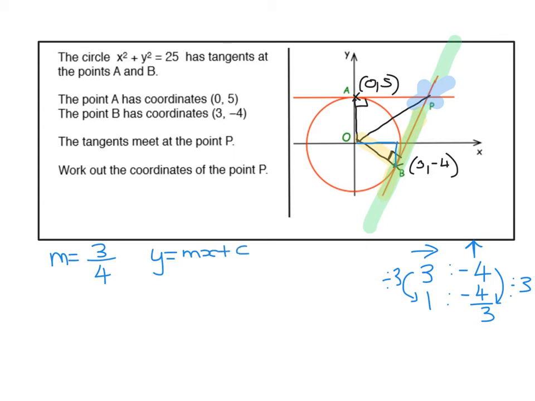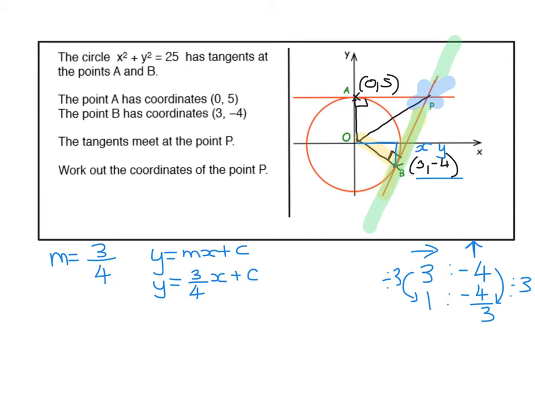I've just figured out my gradient, so I'm going to substitute that in. So my gradient is 3/4 x plus c. I know that a point on the line is 3, minus 4. 3 is my x, and minus 4 is my y. So I'm now going to substitute that in.